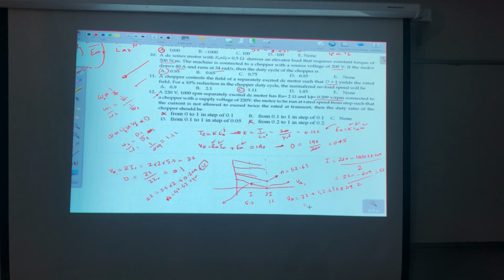If I calculate it, this will equal 33. Now, if I calculate the duty cycle, it will be 33 over 220, and this will equal 0.15. So the step change will be what? 0.05. So the answer will be what?